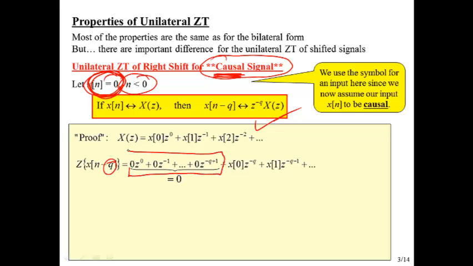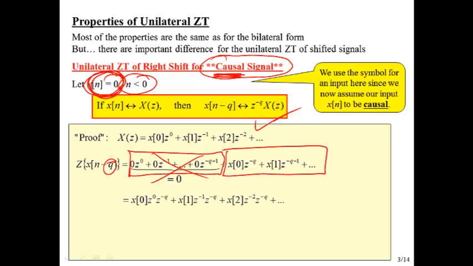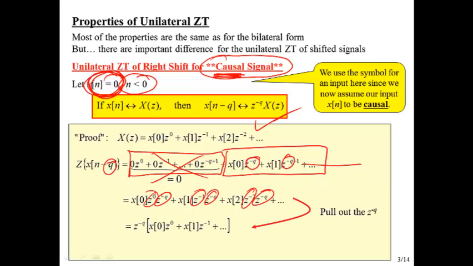So those are all sitting there at that point, but all of those are equal to 0, so we can throw those away, and then this is what we have left. But now what we can do is we can take this z^-Q and this z^-Q and so on and factor it out of each term, leaving behind the appropriate power to give us the right result.